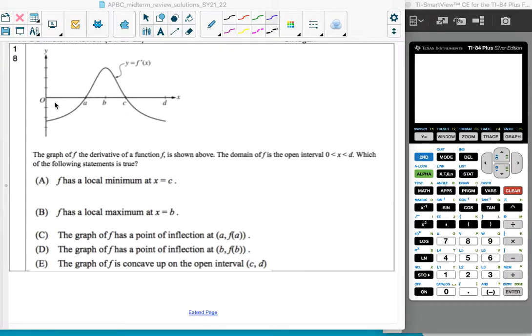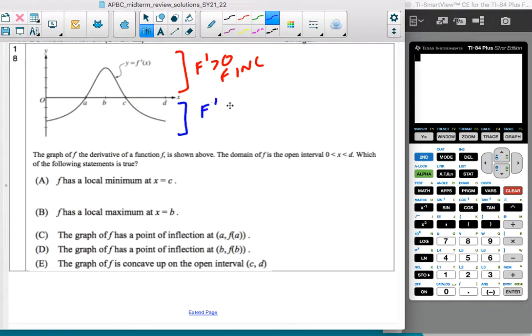Okay, so if this is f prime, what's happening here is that anywhere up here, f prime is positive, so f is increasing. Anywhere down here, f prime is negative, because f prime is the y value on this graph, so f is decreasing.